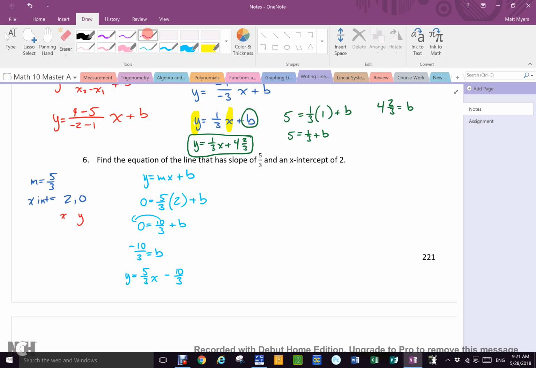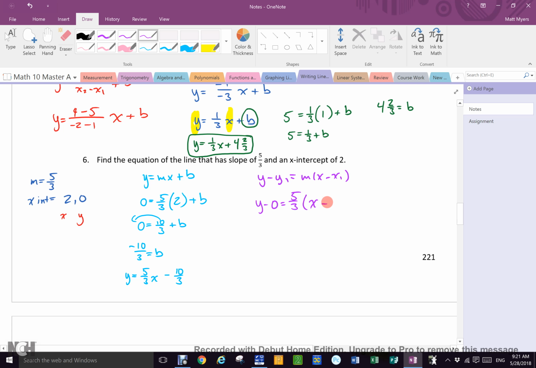But I could also have used point slope form, yes? What goes in for y1? It's my known point. What would go there? 0. Y minus 0 equals, what's my slope? 5/3.